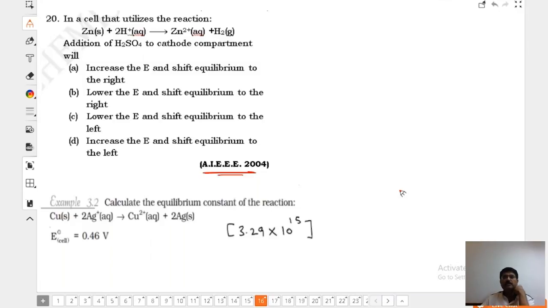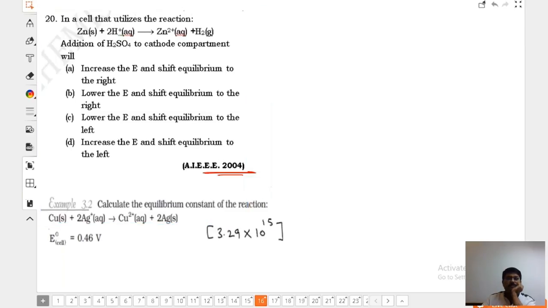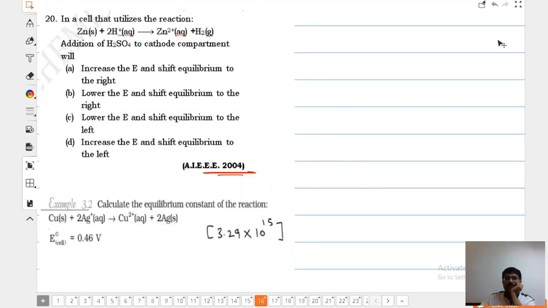20th. This is JEE 2004. Solve this question. In a cell that utilizes this reaction, addition of sulfuric acid to the cathode compartment.